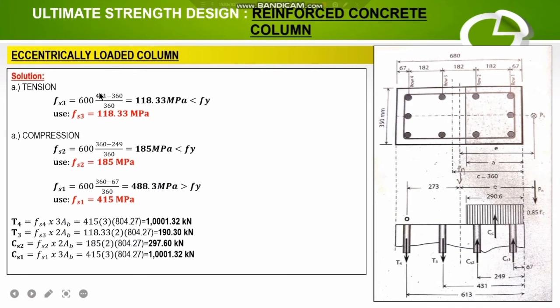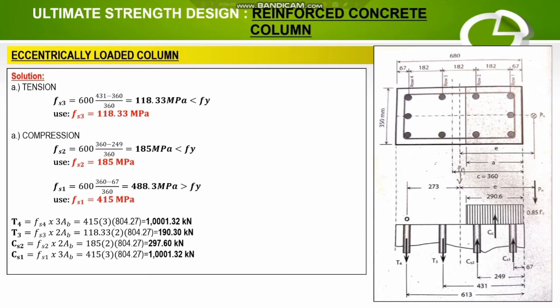So 431 can be derived by subtracting 680 minus 67 minus 180. Then minus the C, which is equal to 360, all over C, 360. Then we can solve for the Fs3, which is equal to 118.33 megapascals, and it is less than Fy. Therefore, Fs3 is equal to 118.33 megapascals.